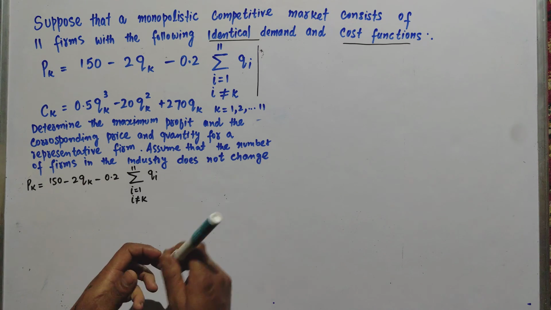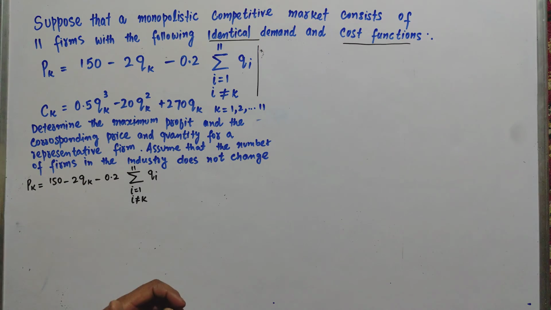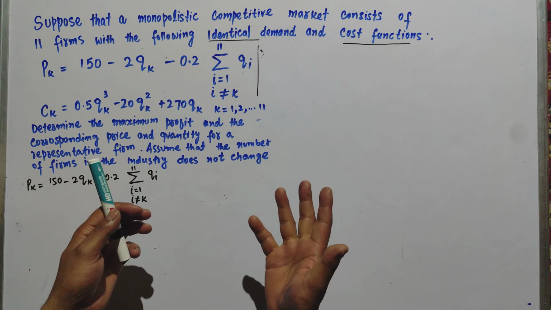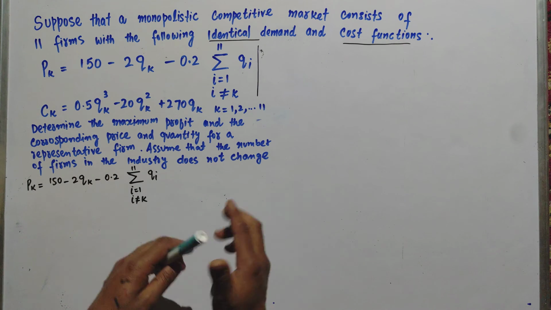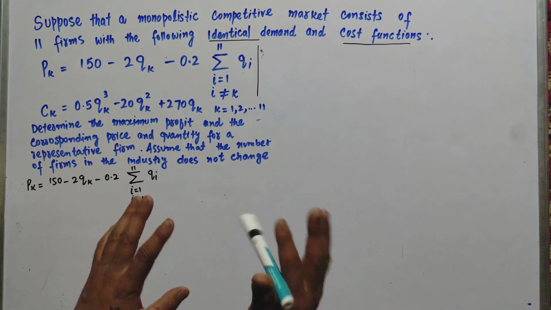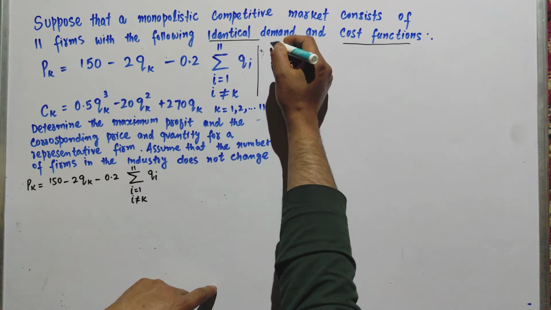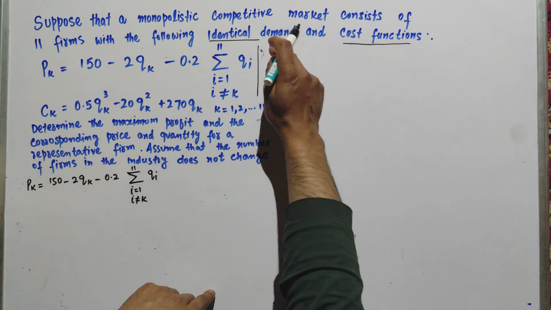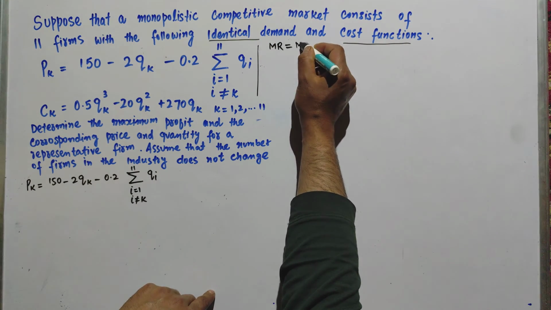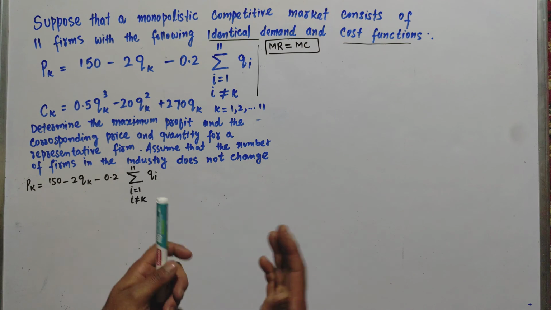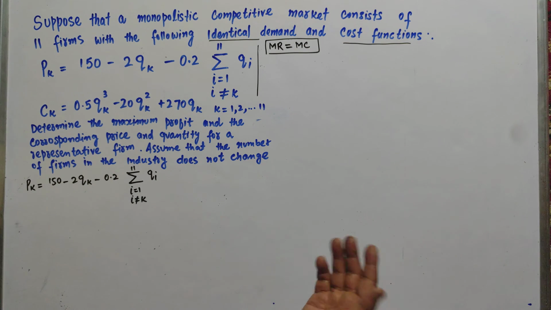Here we are told that we have identical demand and cost functions. In monopolistic competition, we know that profit maximization occurs where marginal revenue is equal to marginal cost. So profit maximization will require that we equate the marginal revenue of the kth firm with the marginal cost of the kth firm. This will be the profit maximizing condition.